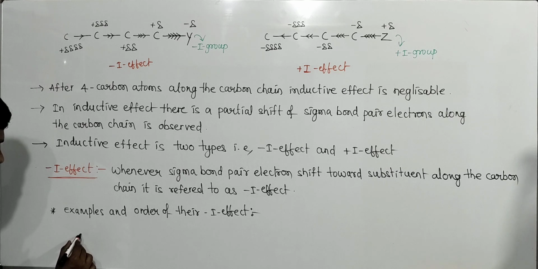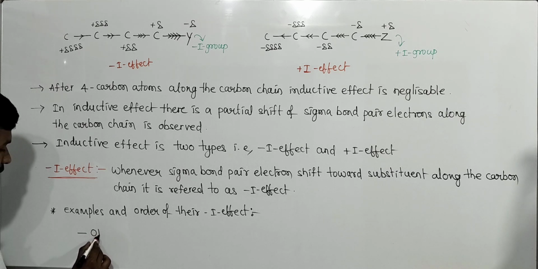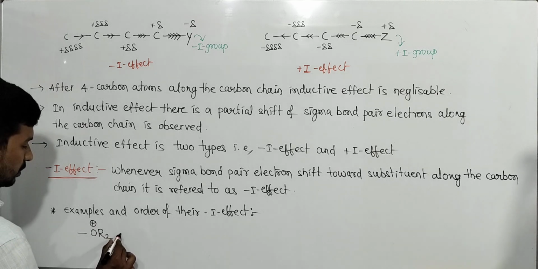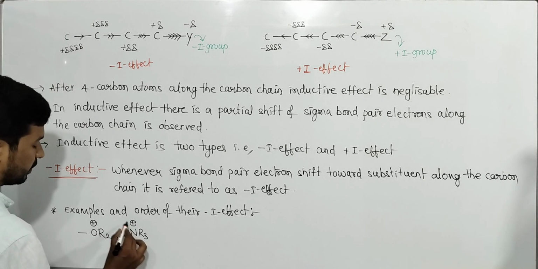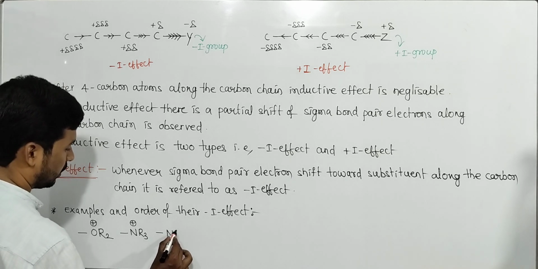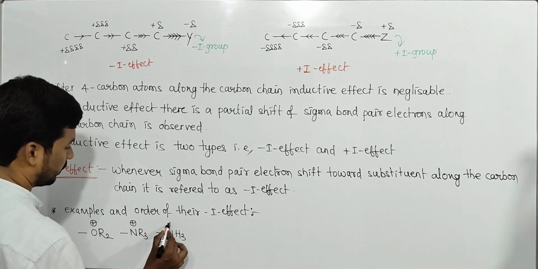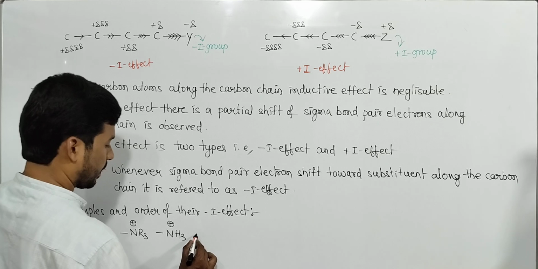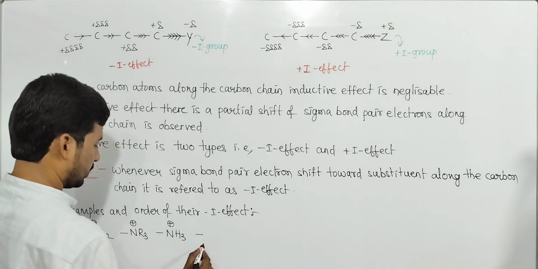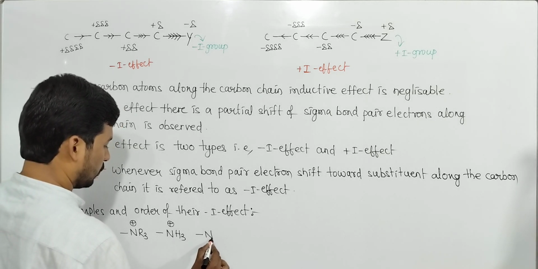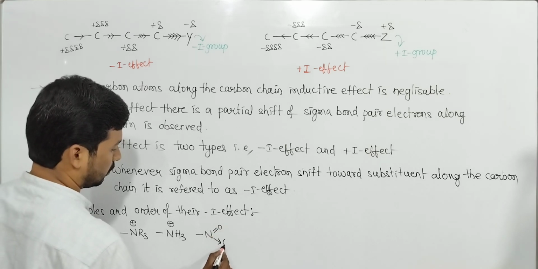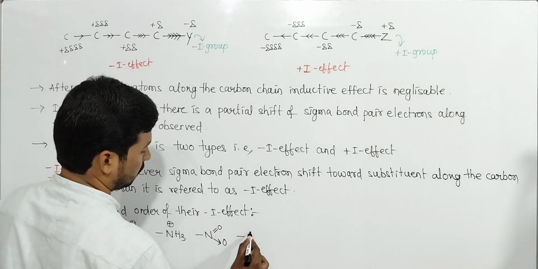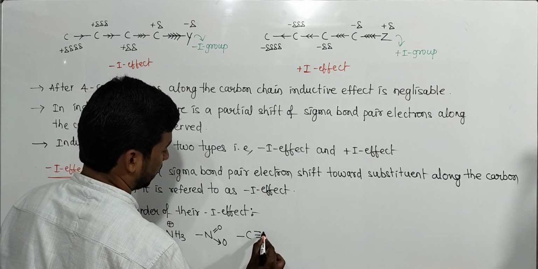So which one has minus I effect? OR2 has minus I effect. Then NR3 has minus I effect. Then NH3 has minus I effect. Followed by the NO2 group, which has minus I effect. The cyano group has minus I effect.